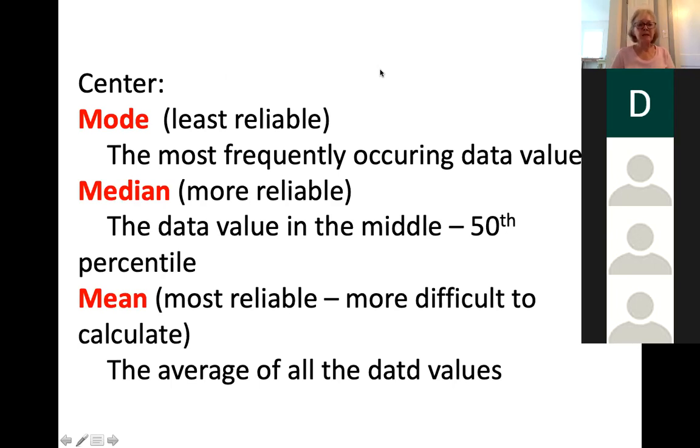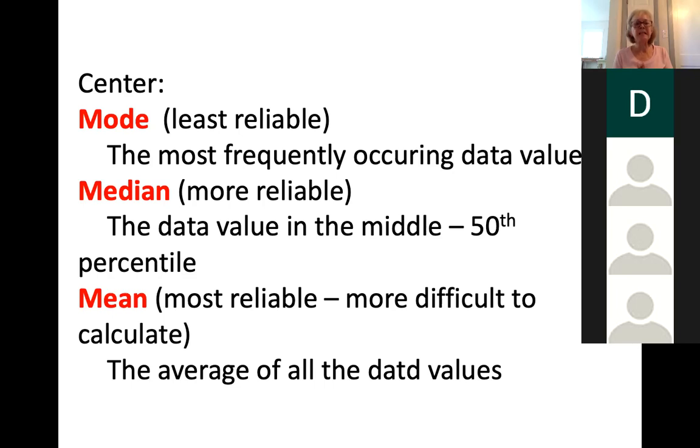When you're summarizing numerical data, you summarize it by numbers and by graphs. The numbers fall into two categories. You're either interested in where is the center? Where is most of the data? There are 3 ways that we measure the center.